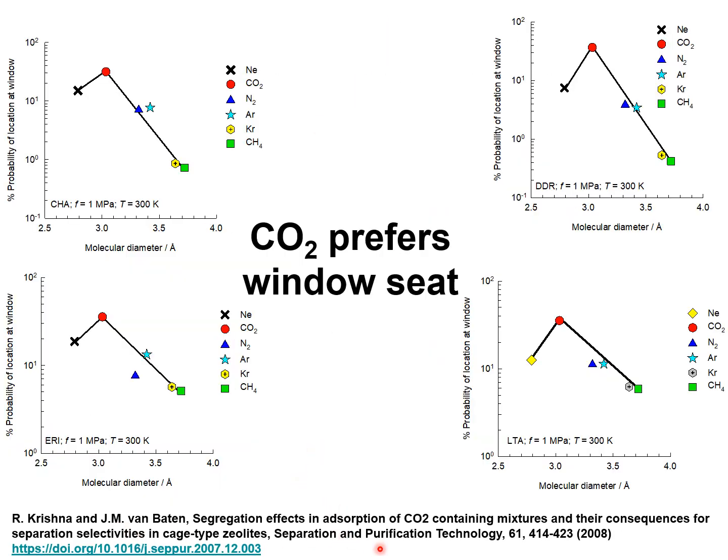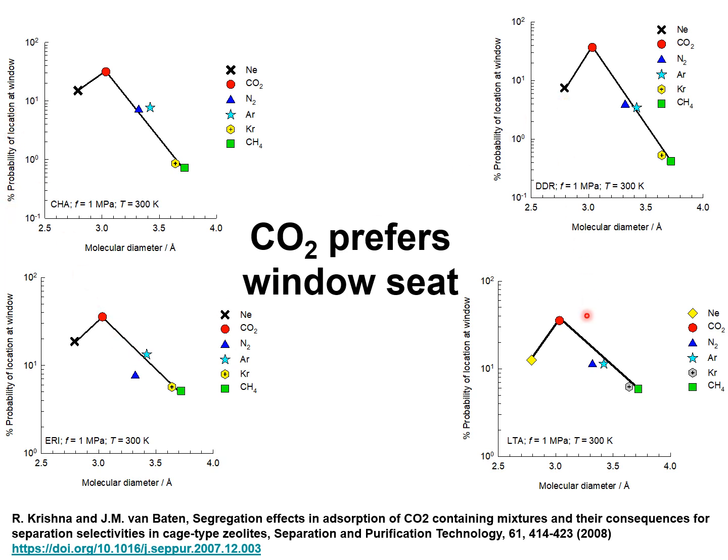In our paper published in Separation and Purification Technology in 2008, we used configurational bias Monte Carlo simulations for adsorption of a variety of gas molecules: neon, carbon dioxide, nitrogen, argon, krypton, and methane in Chabasite, DDR, Adionite, and Linde type A zeolites. By sampling about 1 million equilibrated conformations and locations of these gas molecules within these 4 cage type zeolites, we determine the percentage probability of location at the window regions.